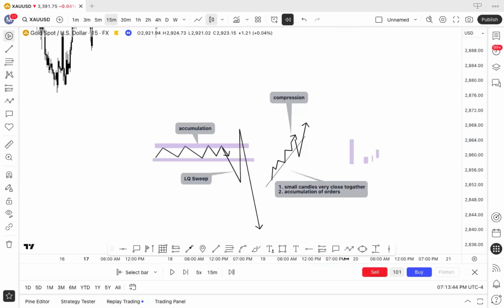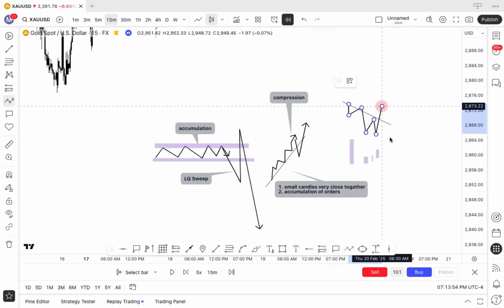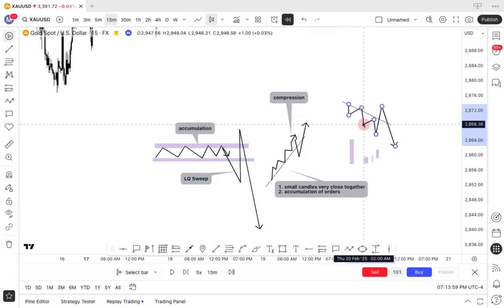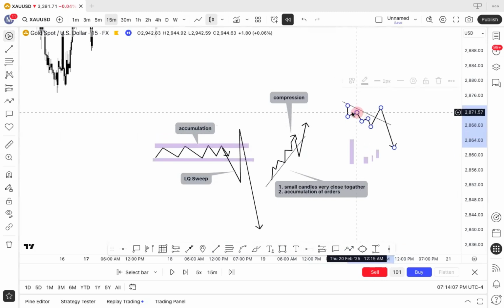Or we could look at it this way, where we have compression like this, right? We have price compress, compress, compress, compressed, take orders out, reverse in the opposite direction, okay? And these candles aren't that small, so let me do that a little better for you guys. Let's make them a little bit closer, more squished.